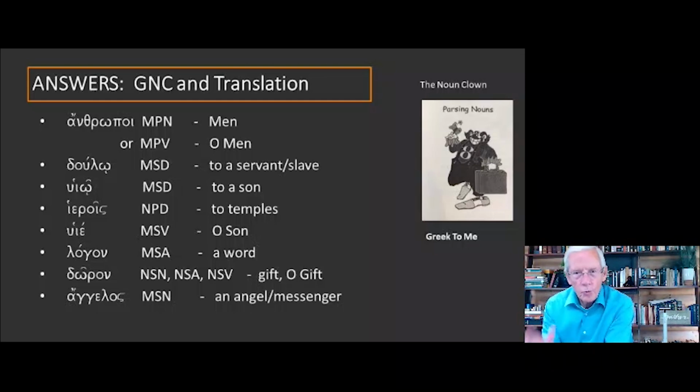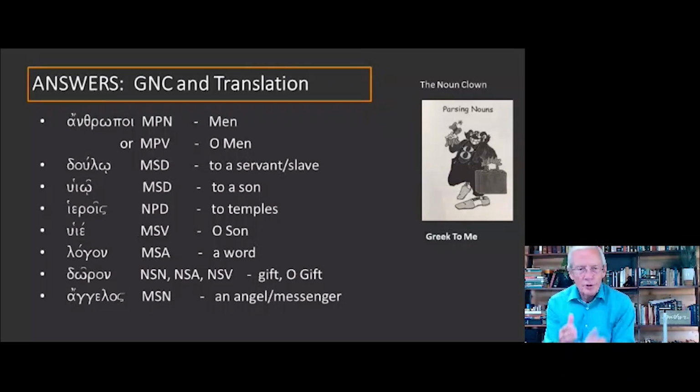Huio, what's the vocab form? Huios. That's a nominative word. So, huio is a masculine singular dative, to a son. The next one, hierois. Go back to the vocab form. It's hieron. It ends in the omicron nu.